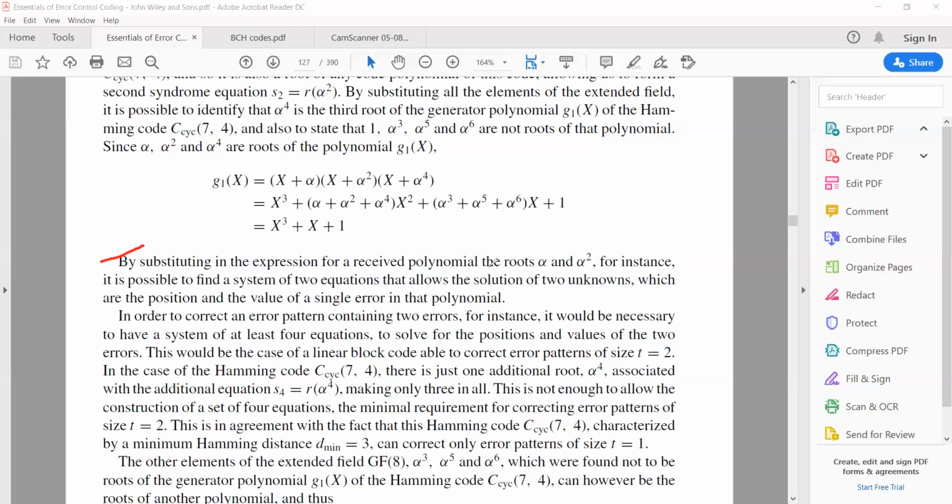So we have generated the code polynomials at the encoder, or you can say at the transmitter. We have generated the code polynomial, and we also know the roots of the generated code polynomial.